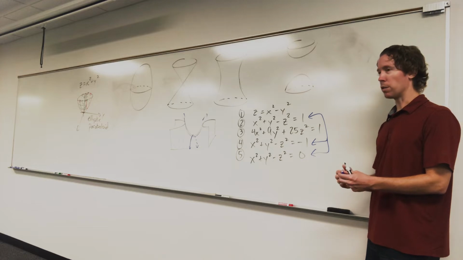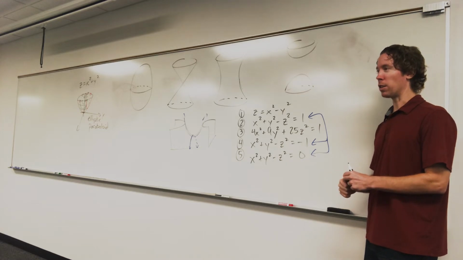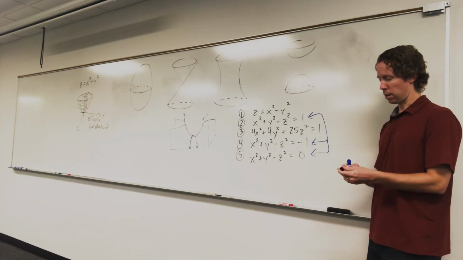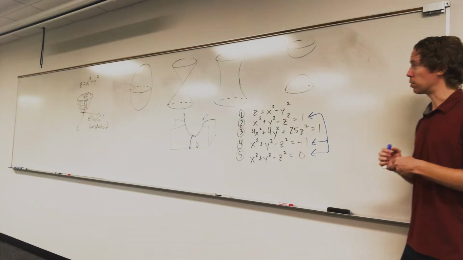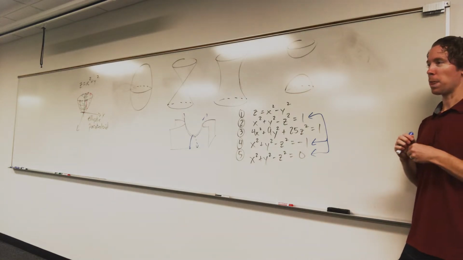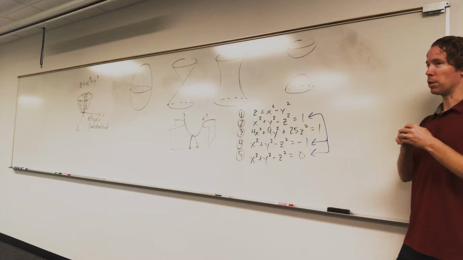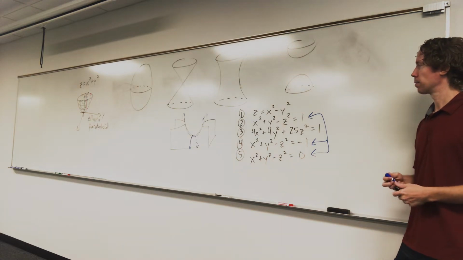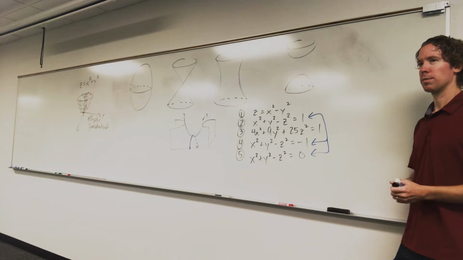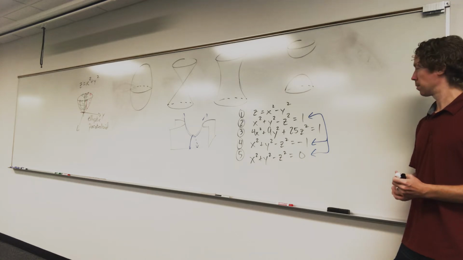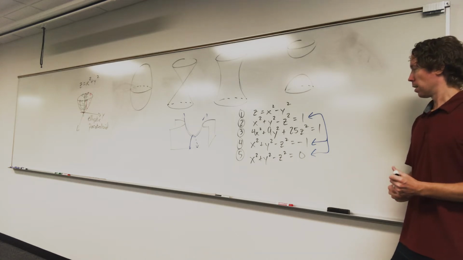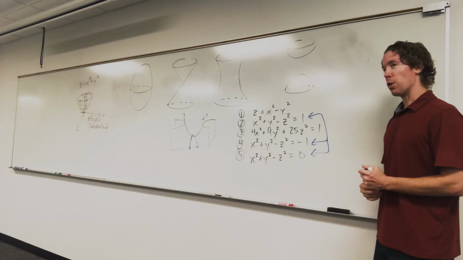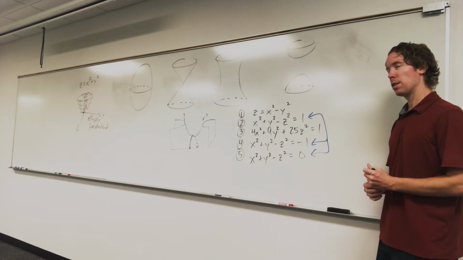So which three surfaces do you think those might give us out of these three on the board? Can you tell? It may be hard to tell before we talk about the traces. The fifth one is a cone. Okay. Why do you think that's a cone? Because it's equal to 0.